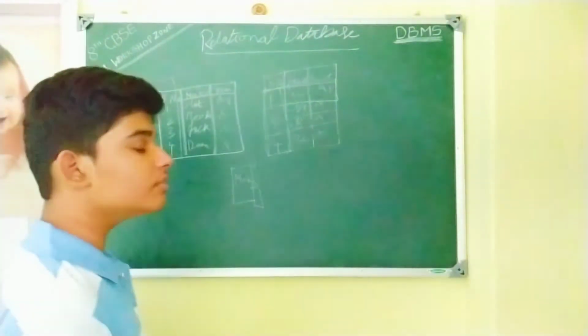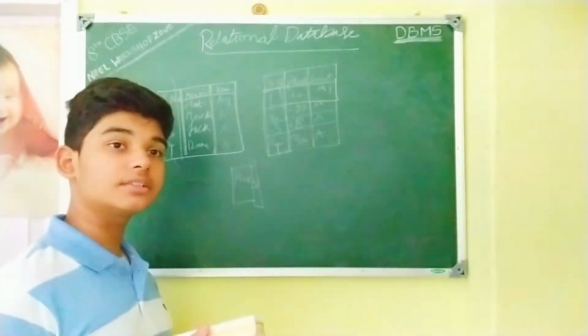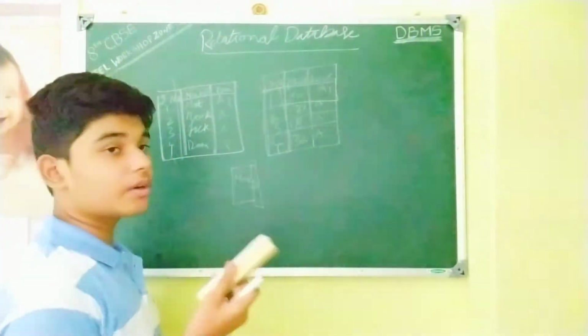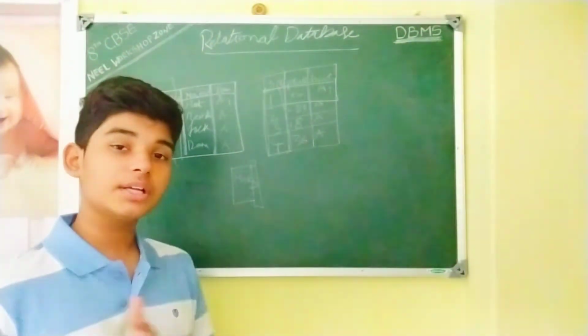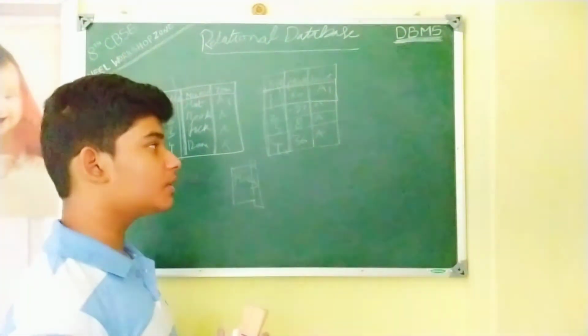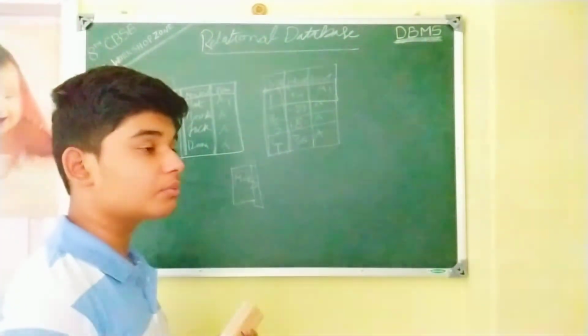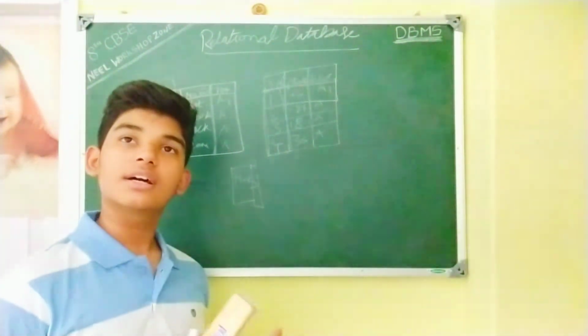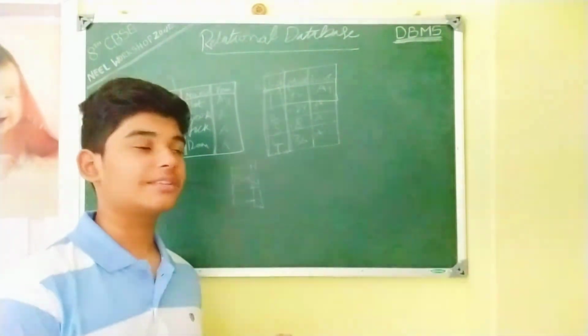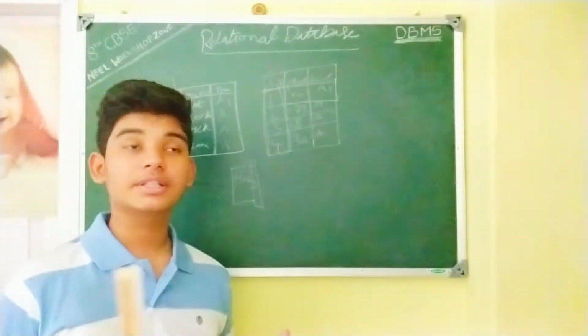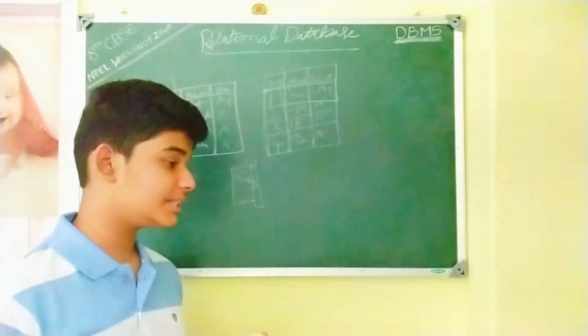So, I think we talked about all the things related to database which you need to learn before you learn about relational database. Let's talk about one or two things and that's it for today. As I was saying, keys are mostly regarded as a small subject, but they are really important for a database.